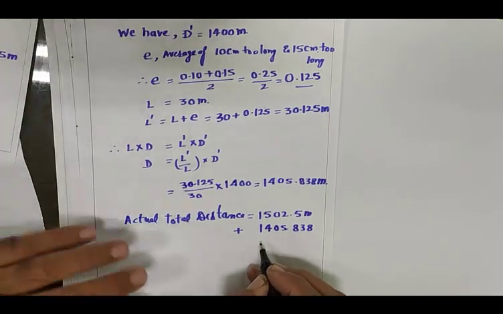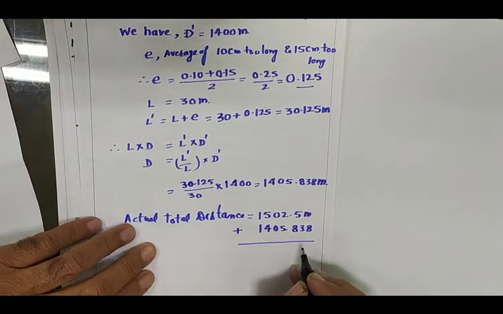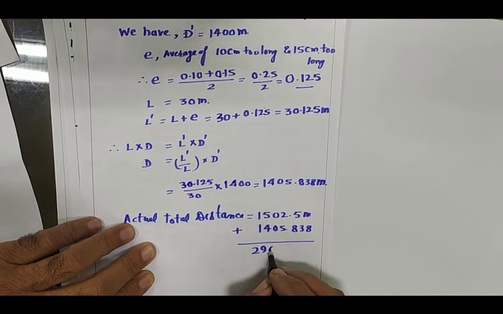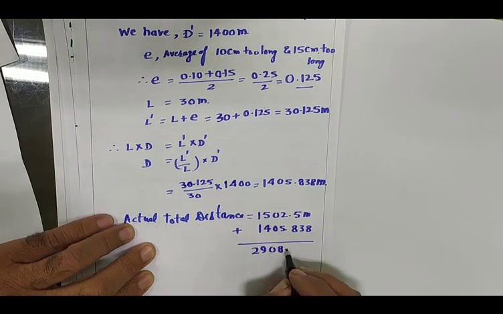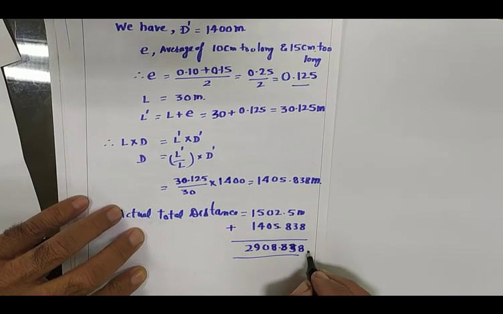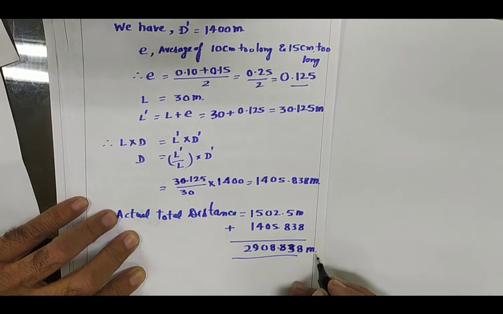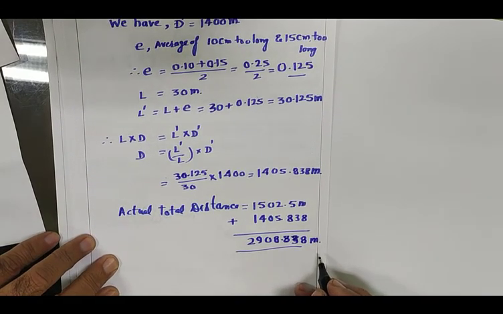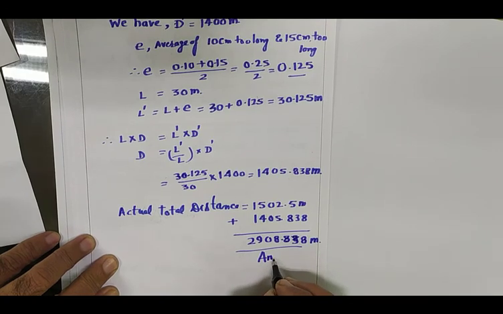The sum of this is equal to the total distance, that comes to be 2908.338 meters. So this is the actual distance which we have measured with the 30 meter chain when there is an error of first 10 centimeter too long and then 15 centimeter too long. This is your answer. Thank you.